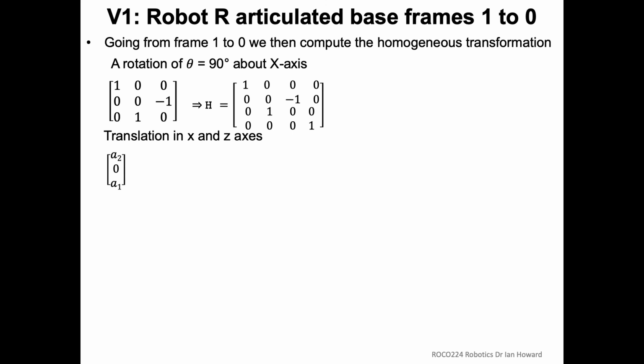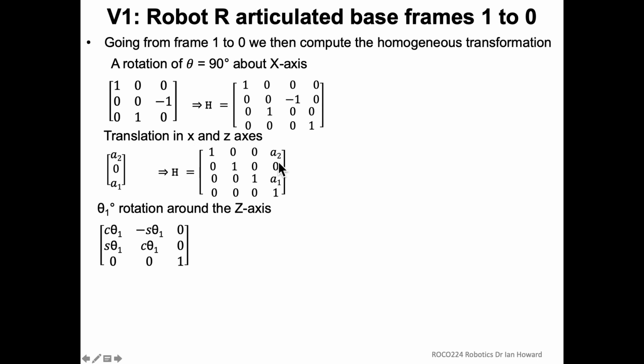We've got our translation in x and z, right? We can build that into a homogeneous transformation matrix. Obviously, in this particular case, we've got an identity matrix for the 3x3, and A2, 0, A1 for the translation component. And finally, we've got our formula for rotation around the z-axis that we can stick in, and we get our homogeneous rotation around the z-axis.